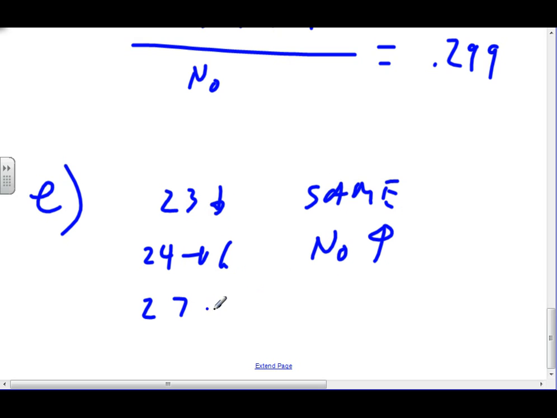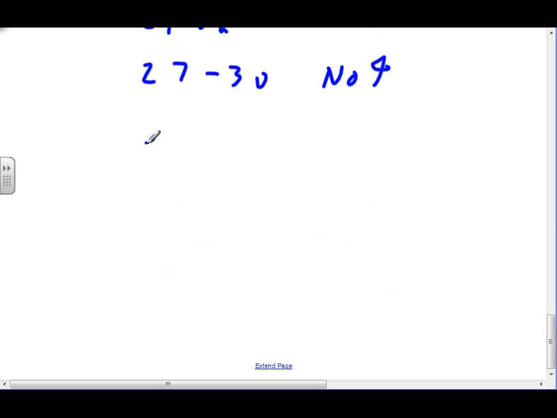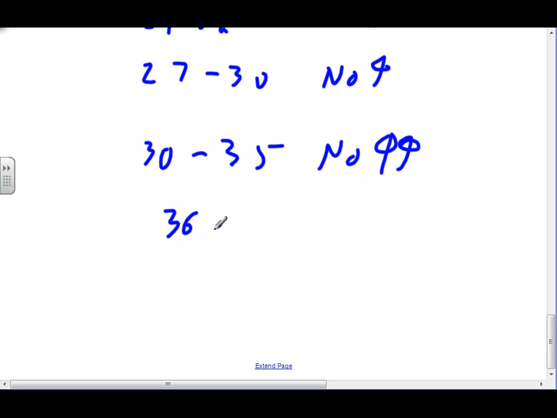In 27 to 30, no is bigger. In the rest of them, no is bigger. And in the 30 to 35, no is bigger by a lot. And in the 36 and up, no is even bigger by more.